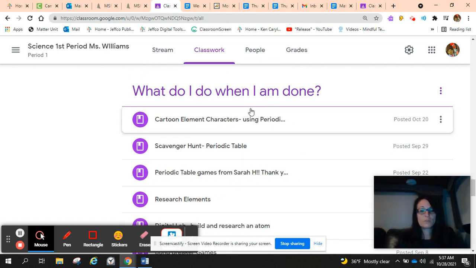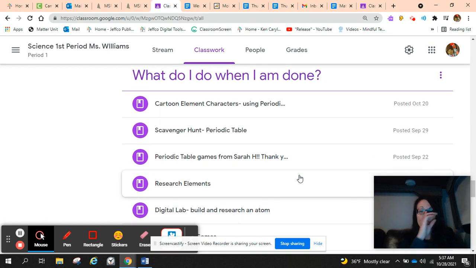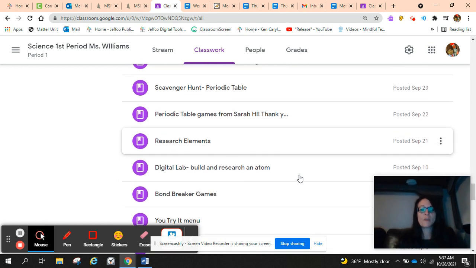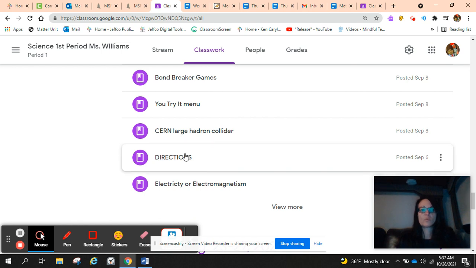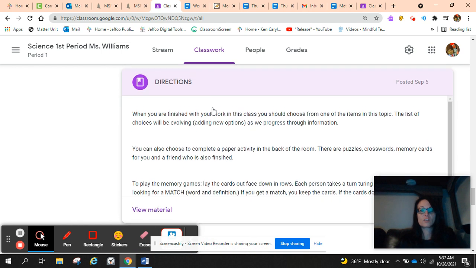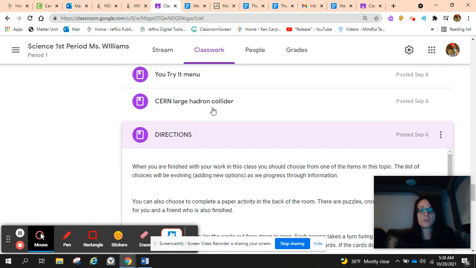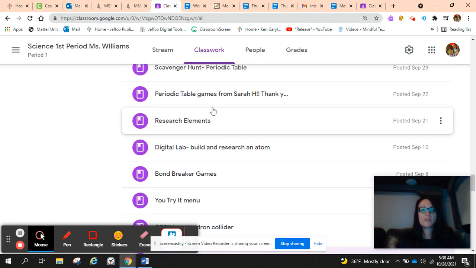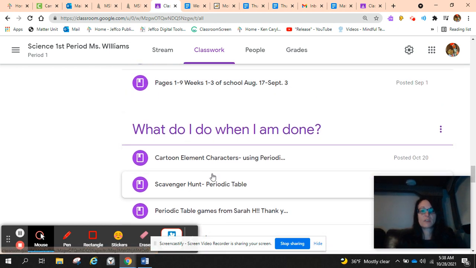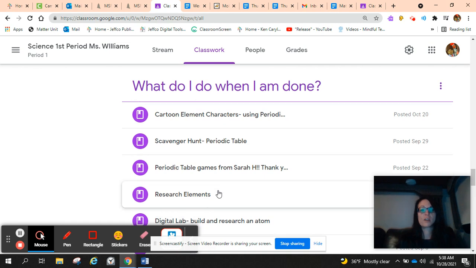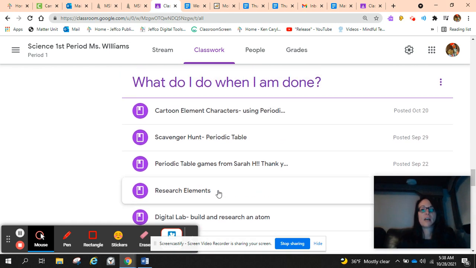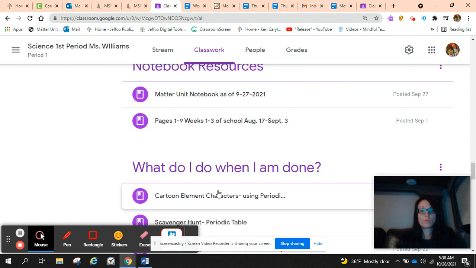Any of this can be used for extra credit. So if you have not read through this before, you might want to read through here. There is one called directions, which explains some of the things in here. Anytime you do anything from this category in classwork, either send me an email or write me a note or turn something in. You will receive extra credit points for these items if you want that.